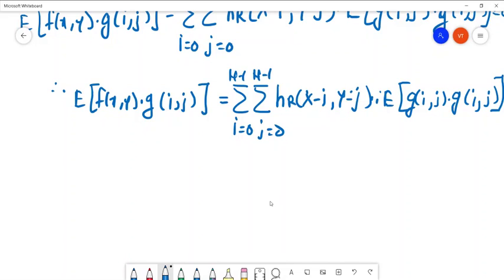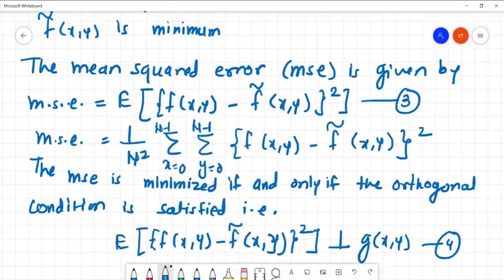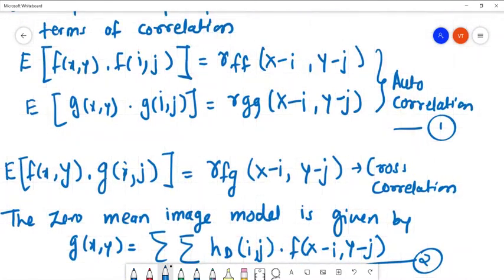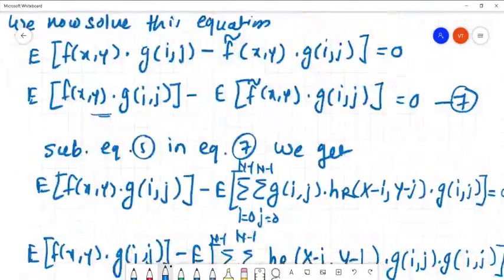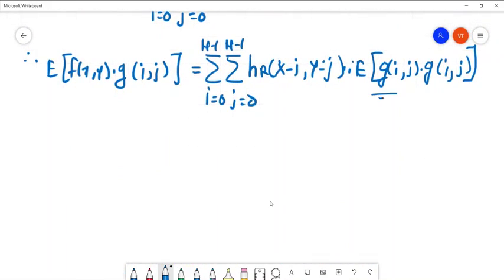So using equation number 1, now what was equation number 1? Equation number 1 was this, right? Autocorrelation. So we can use it here.